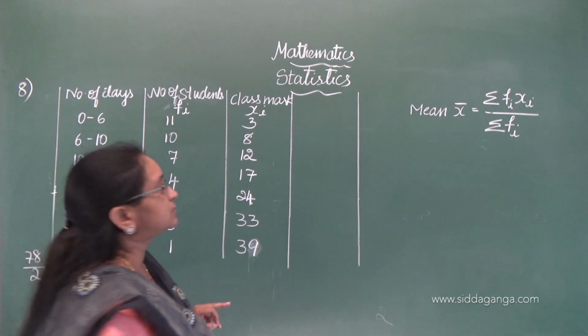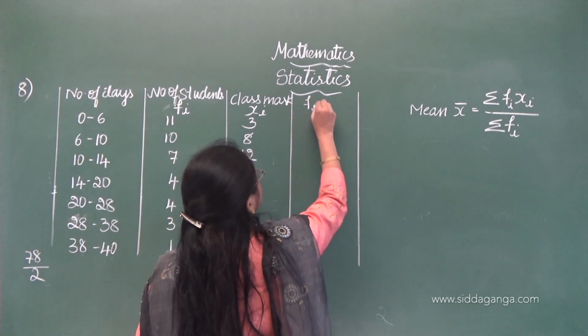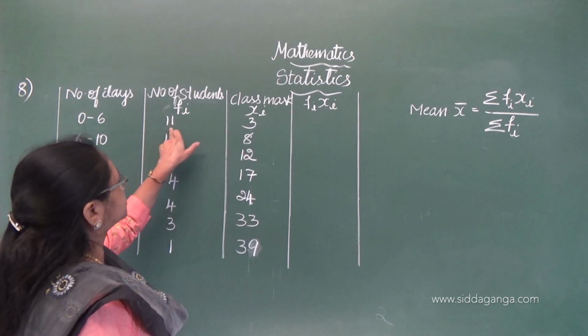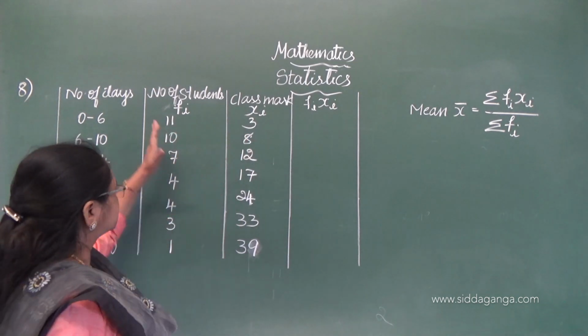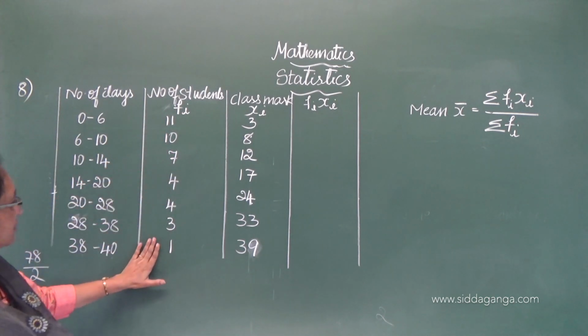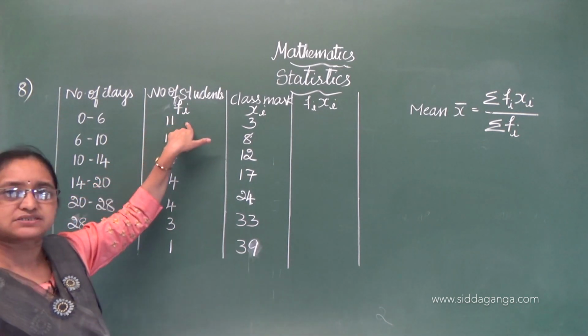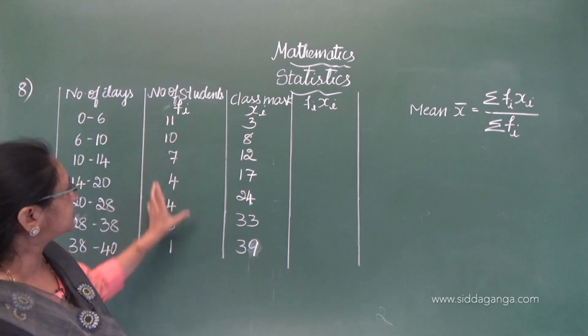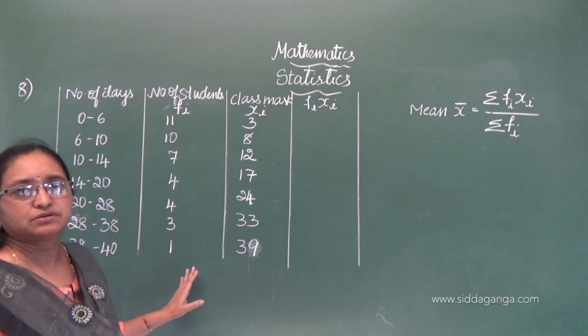Next, what is the next column? fi xi means you have to multiply these two. Since the value of fi is small and the value of xi is also small, we are adopting the direct method.